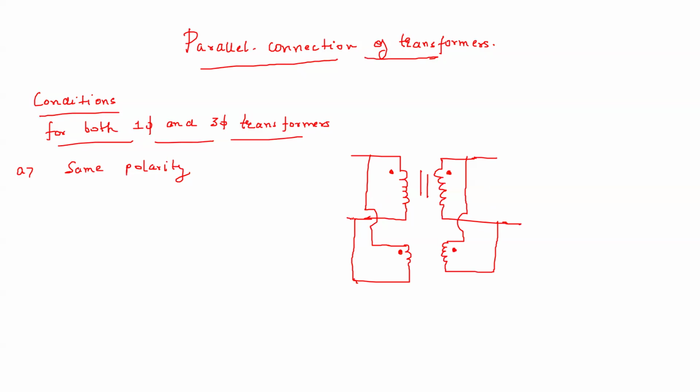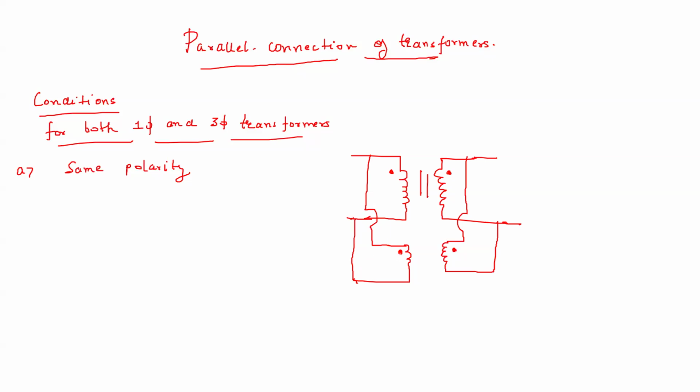If we do not do this, then there will be a short circuit. Because for paralleling of transformers there has to be equal voltage ratios and equal voltage ratings, right? You can connect two voltage sources in parallel if they have the same magnitude.